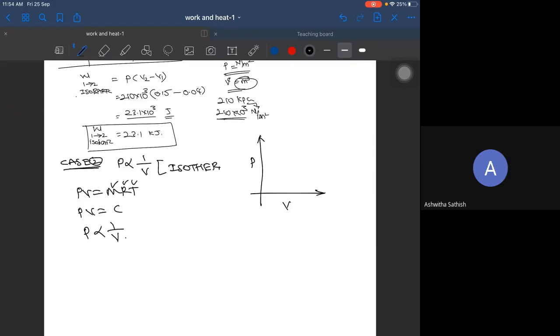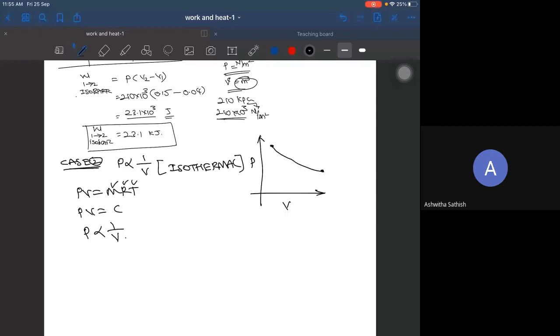Now, in the isothermal process, how does it look on a PV diagram? It's a curve, is it? Yeah, it's a curve like this.